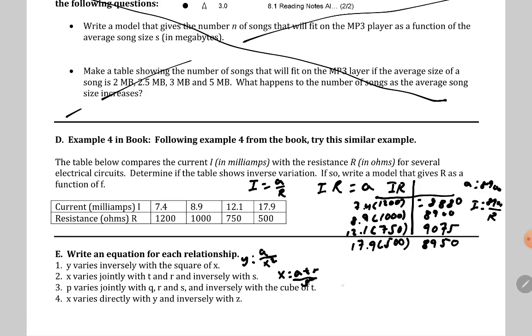So p varies jointly with q, r, and s, don't forget to put a, and inversely with the cube of t. And then lastly, x varies directly with y and inversely with z.